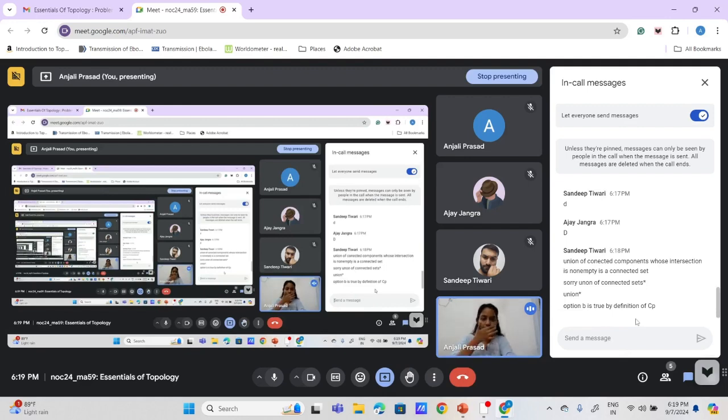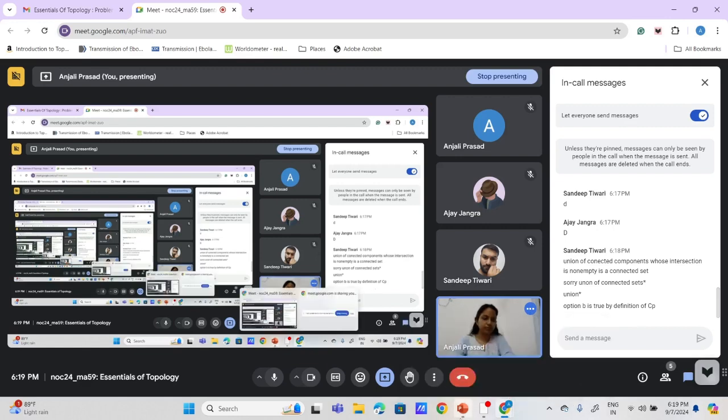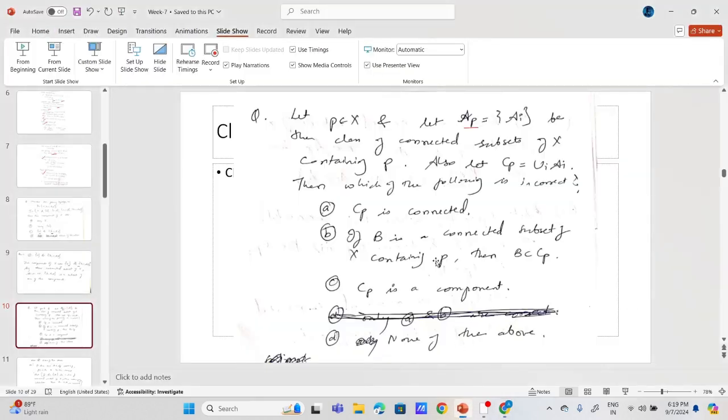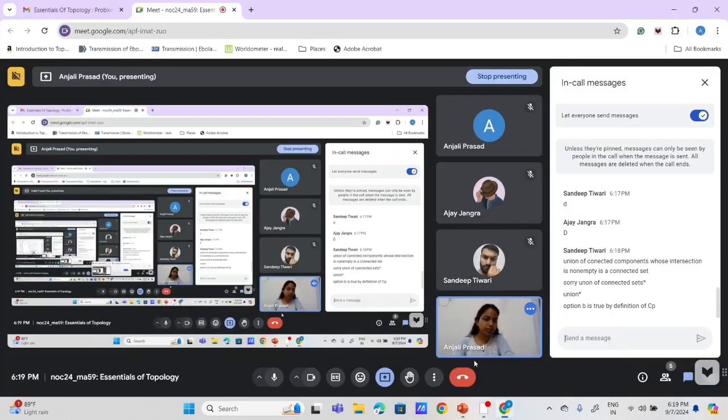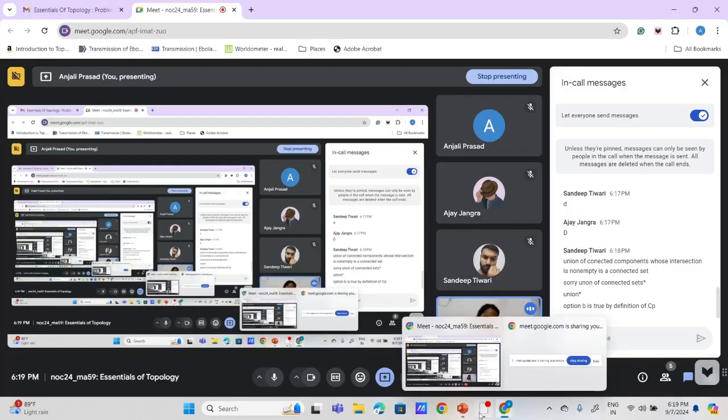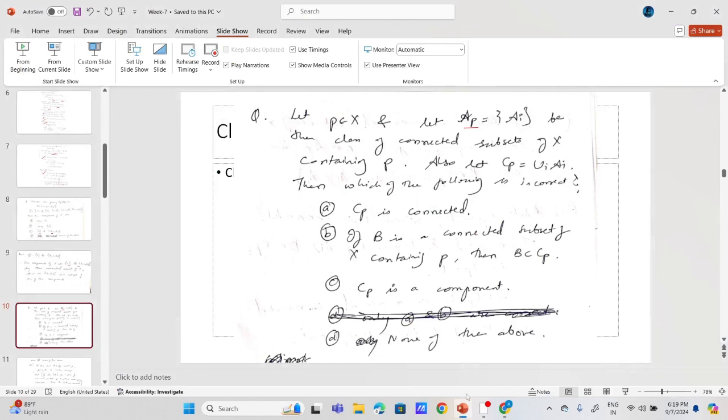So you're saying the union of connected sets whose intersection is non-empty is a connected set. Okay. So option A will be correct then. Next. Yes, by definition it is true. And what about C, that C_p is a component? How will we prove that it is a component?